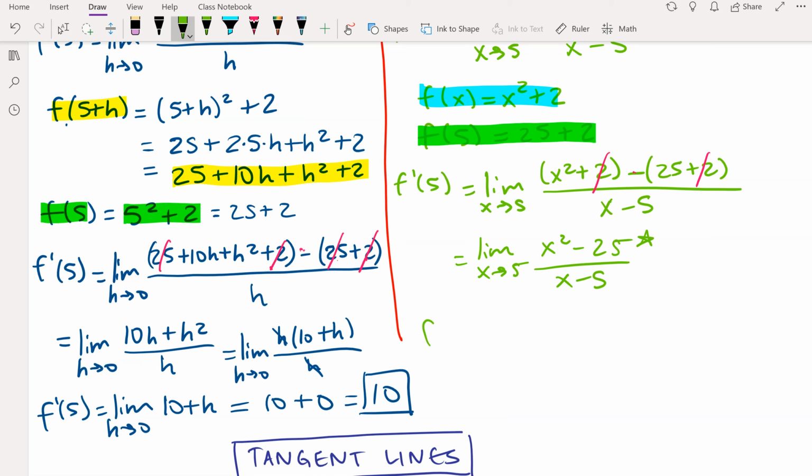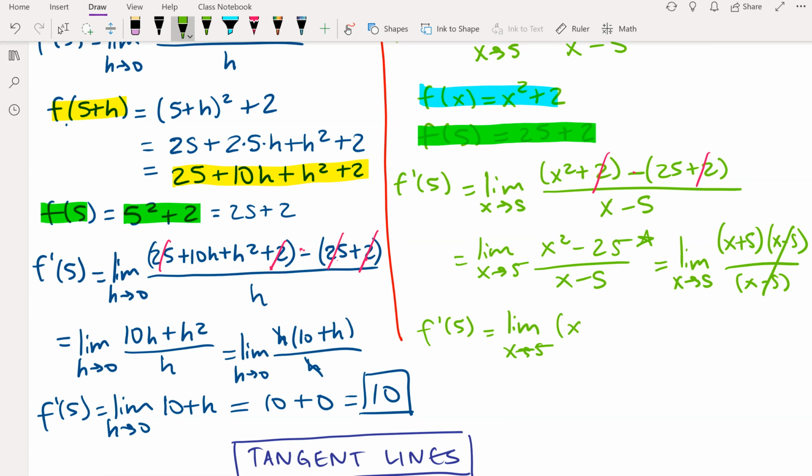Limit as x approaches 5. This is x plus and minus 5 because of difference of squares, over x minus 5. Sweet. So now we're going to take the limit as x approaches 5 of just x plus 5, which is left, and we can substitute now. So 5 plus 5 is 10.